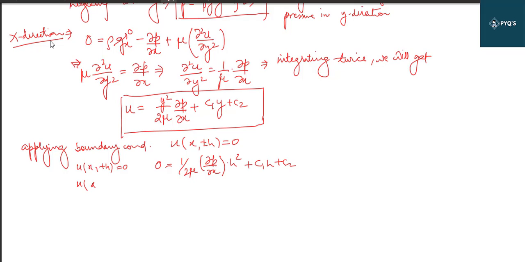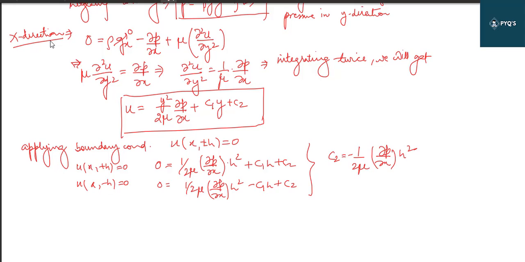Now at y equals minus h, u equals 0, so again the same thing: 1 by 2 mu del p by del x into h square minus c1 h plus c2. You can see that adding both, the c1 terms cancel out and I get c2 equals minus 1 by 2 mu del p by del x into h square, and c1 equals 0. So these are the two constants.